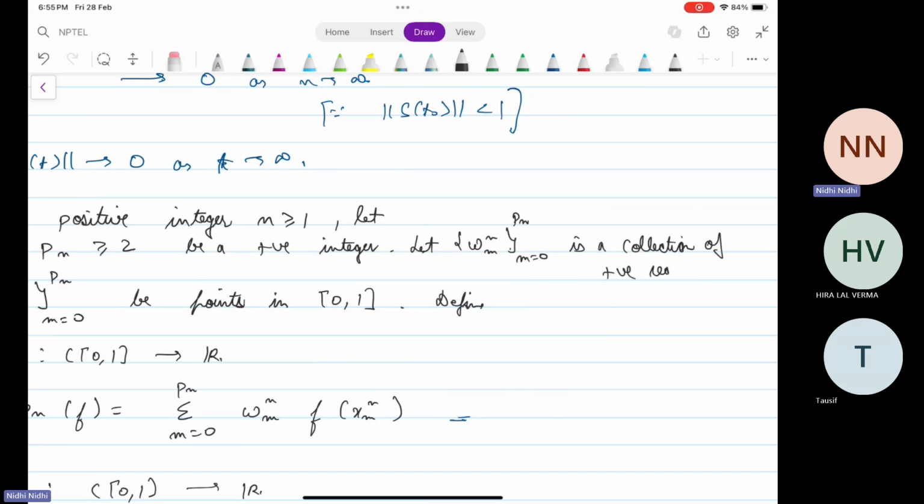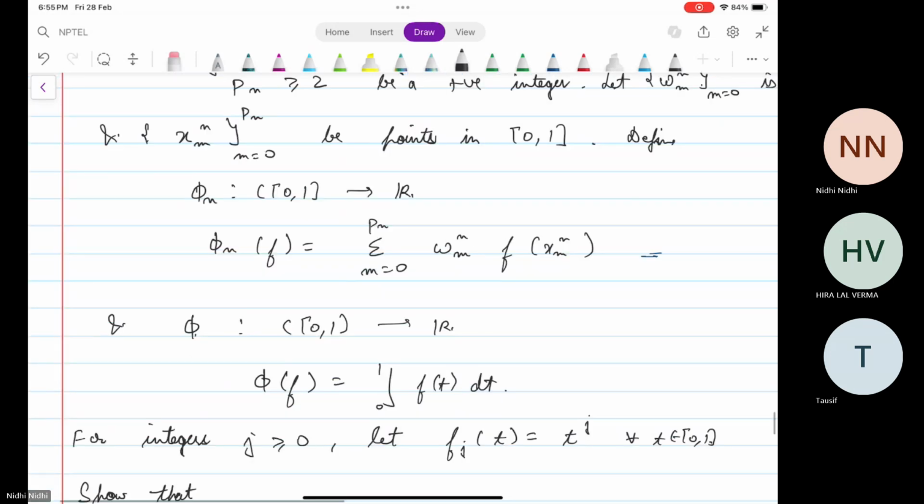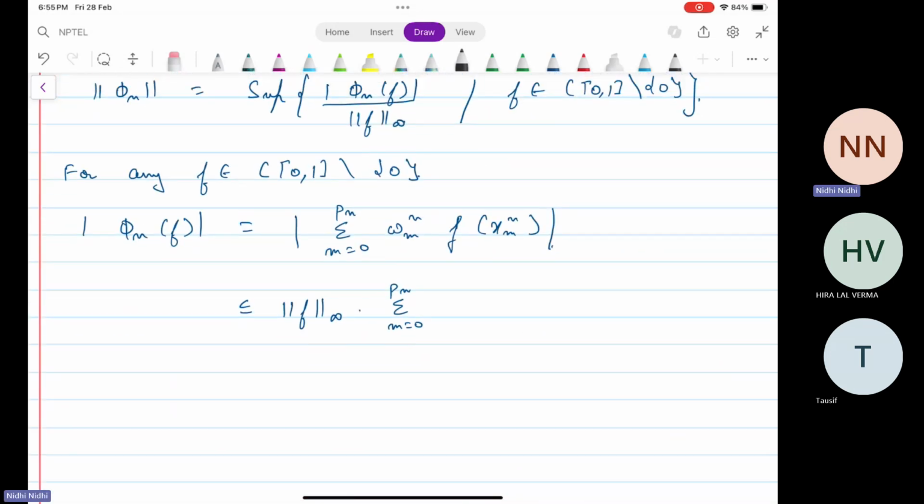Since each w_mn is positive, we don't need to specify the mod. So this is w_mn.